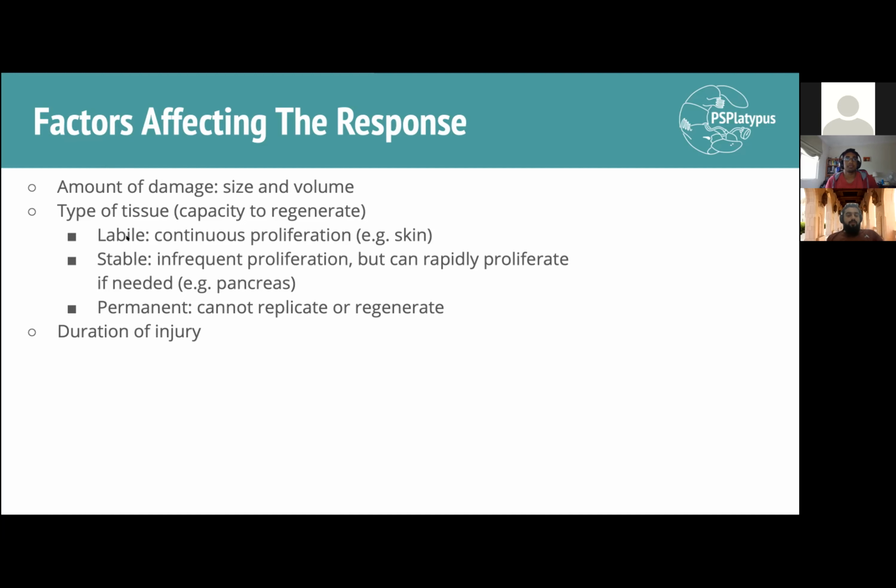We have labile tissue, which involves cells that continuously proliferate, for example, skin cells. Then we have the stable tissue, which involves cells that are infrequent in proliferation, but they can rapidly proliferate, for example, pancreas cells. Finally, the permanent tissue, which cannot be replicated or regenerated. They will just undergo cell death. The last factor is the duration of injury.